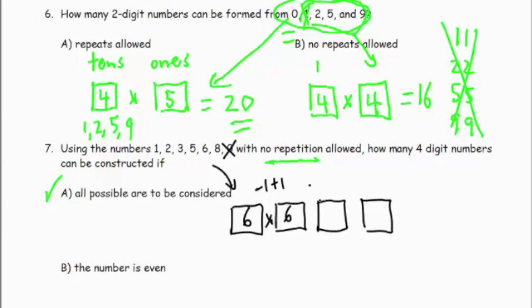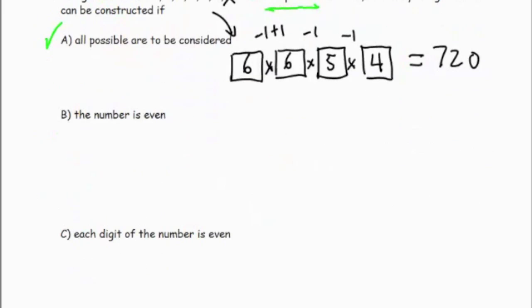So we subtract 1 but add 1 for this next one. So we're back to 6 numbers. From here on, we are dropping 1 number each time, right down to 4. Multiplying those out, 7 times 6 times 6 times 5 times 4, that's 720. Okay.